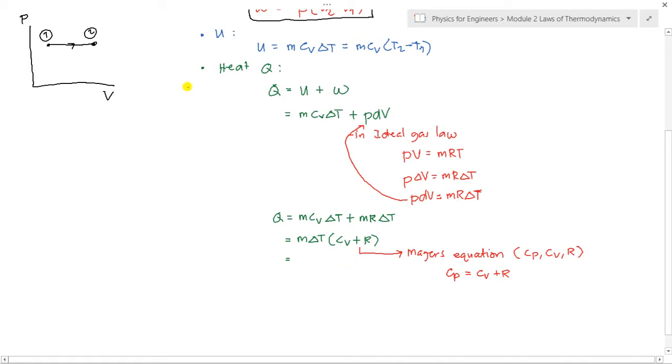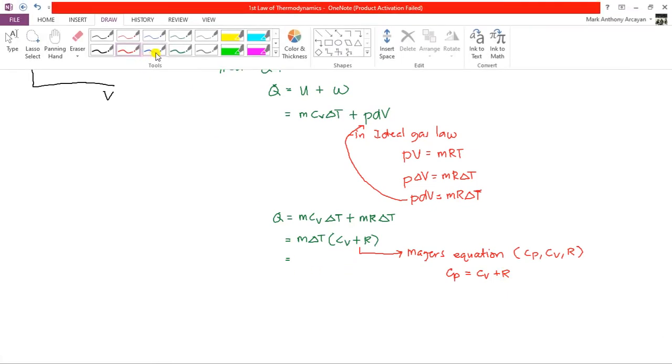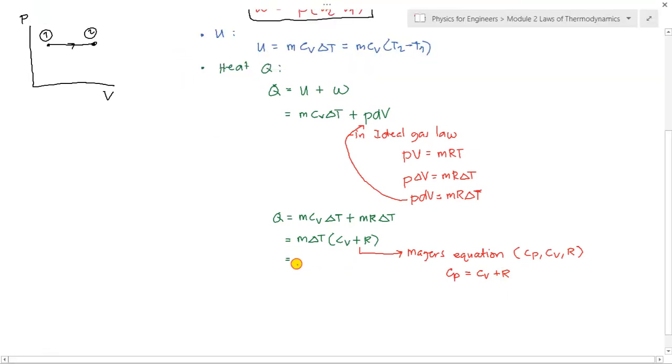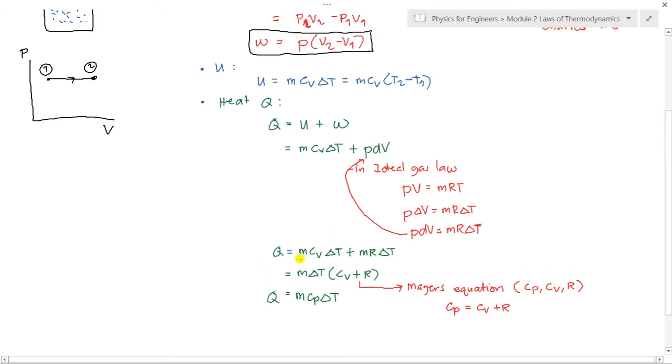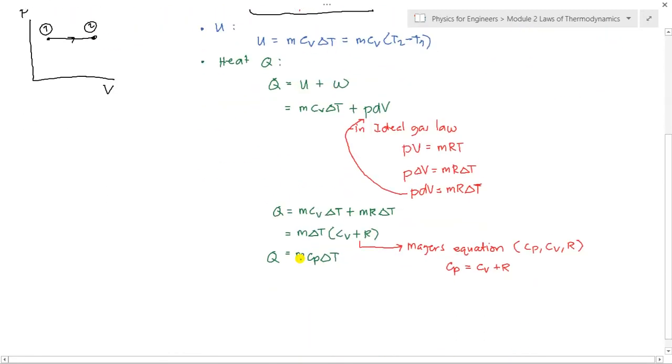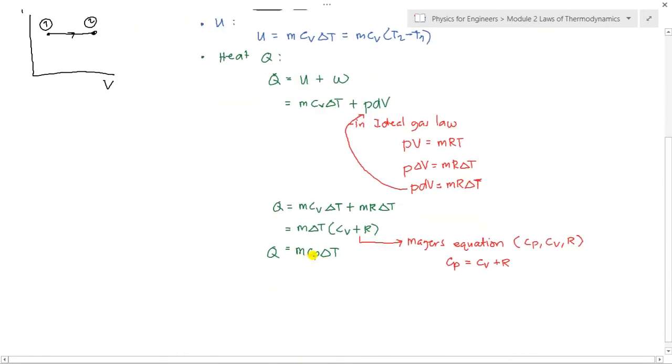Therefore, our Q becomes mCp delta T. The general formula for Q at constant pressure is mCp delta T, because Cp is the specific heat at constant pressure.